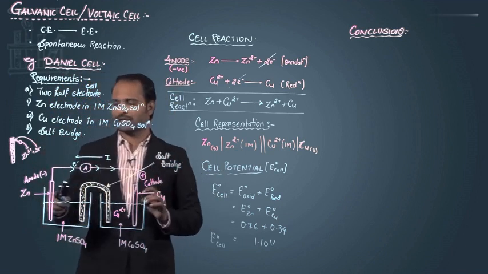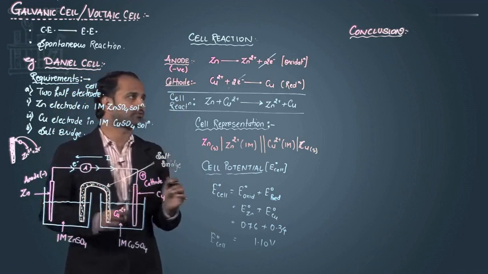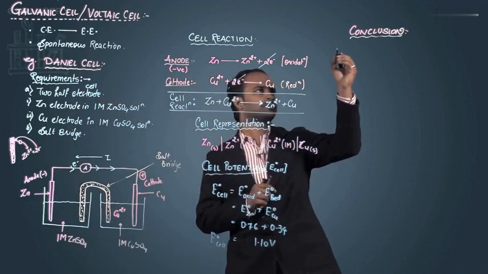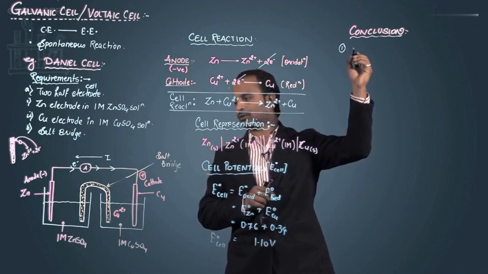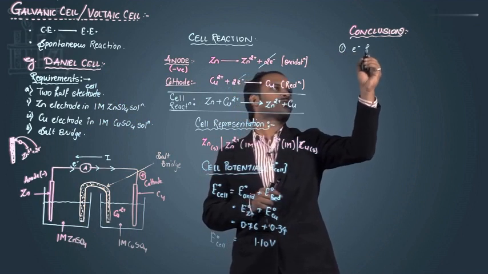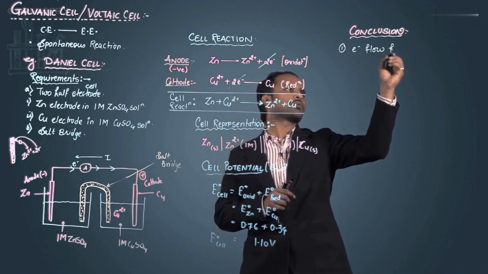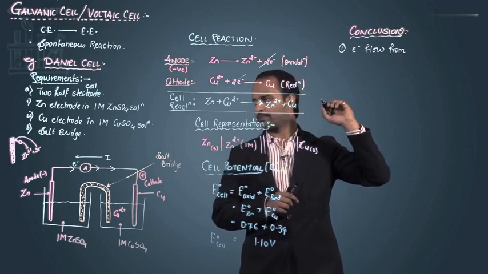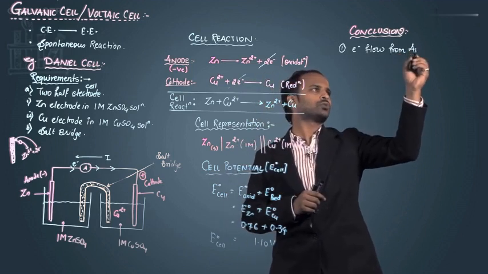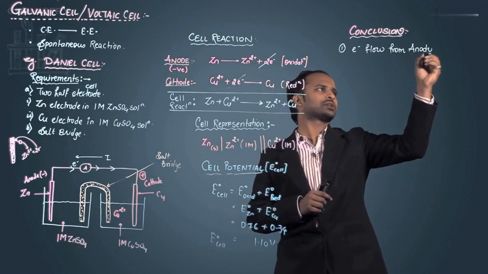So the first conclusion: electrons flow from anode to cathode through the external circuit.